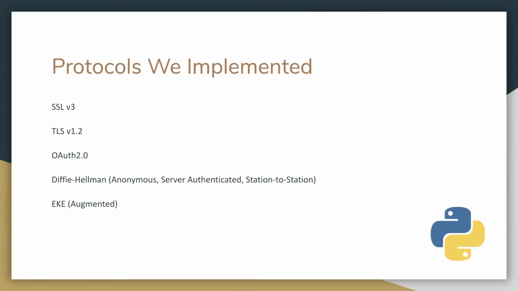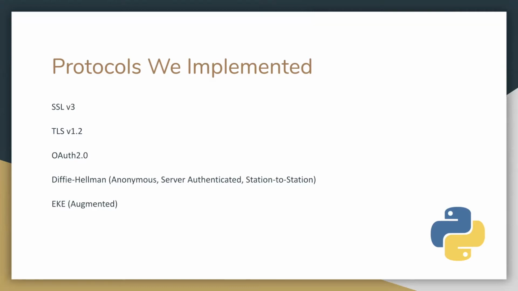Now, even though the SSL and TLS protocols in the Python library typically use a Diffie-Hellman handshake for the exchange, we decided it would also be interesting to compare our own Diffie-Hellman implementation, thinking it might be more lightweight.